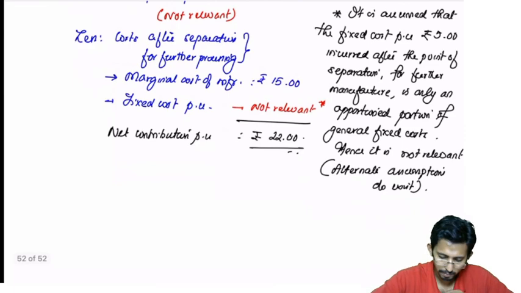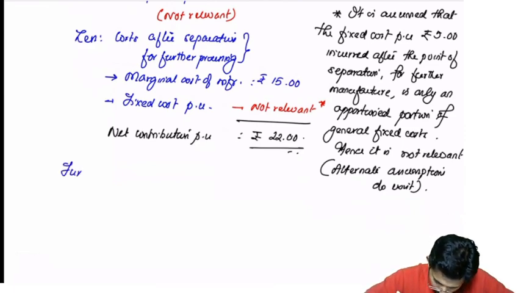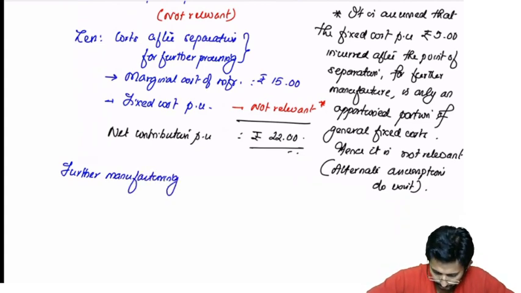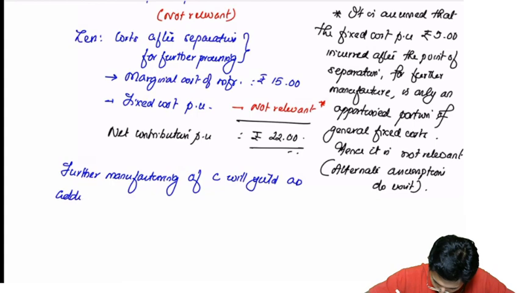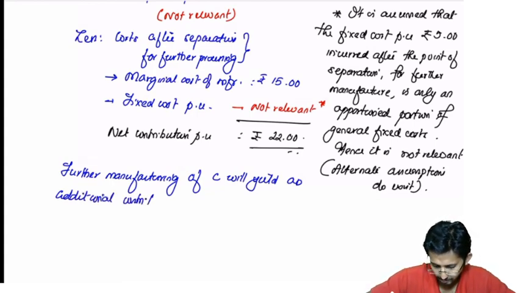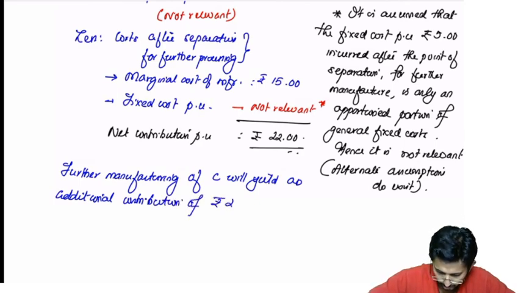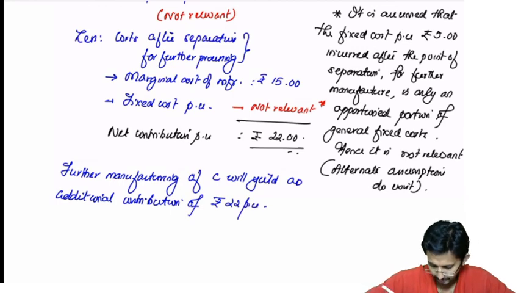So you can conclude that further manufacturing of the product C will yield an additional contribution of rupees 22 per unit.